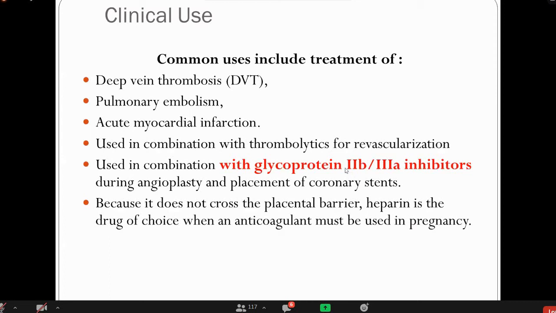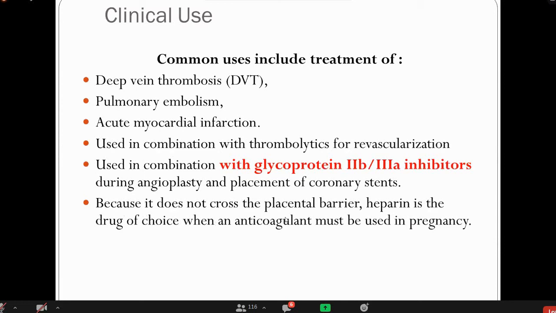It is one of the important receptors that promote platelet aggregation, and you must know platelet aggregation is the first step towards the formation of a clot. So one use of heparin or low molecular weight heparin is in combination with glycoprotein 2b3a inhibitors during angioplasty and placement of coronary stents.